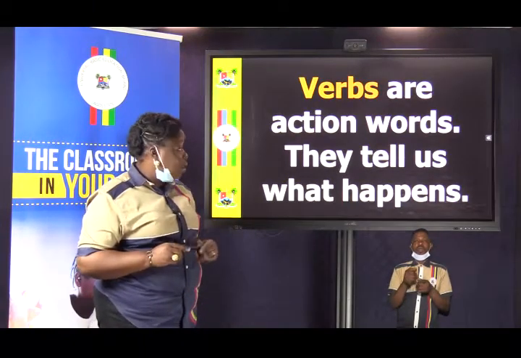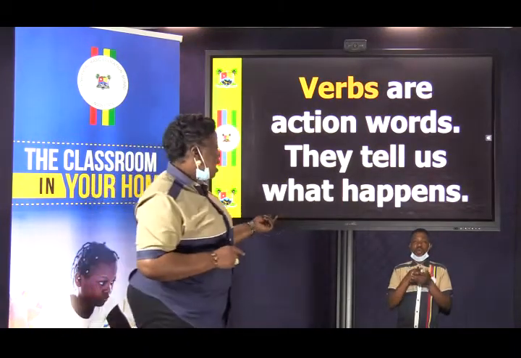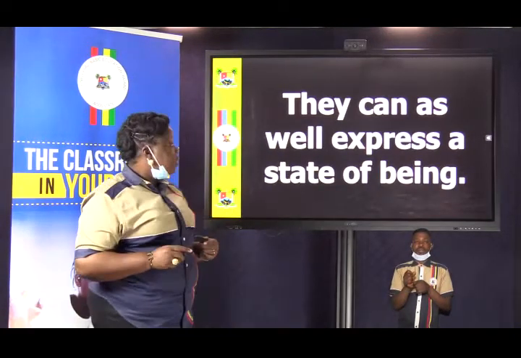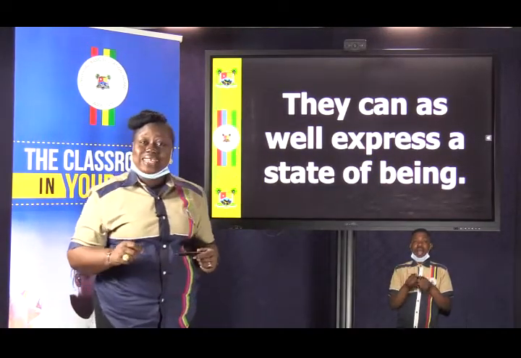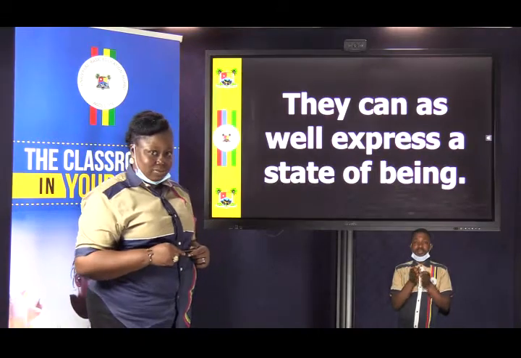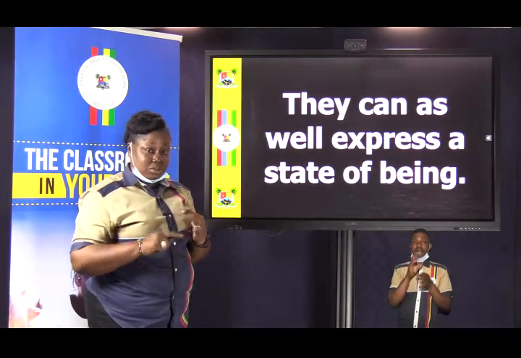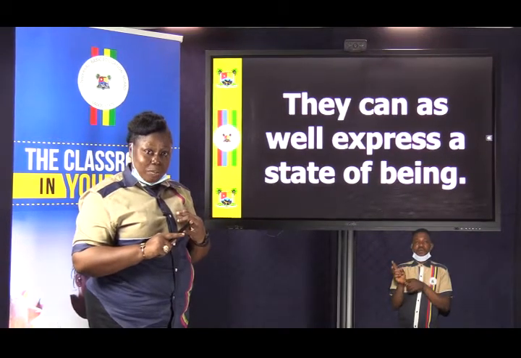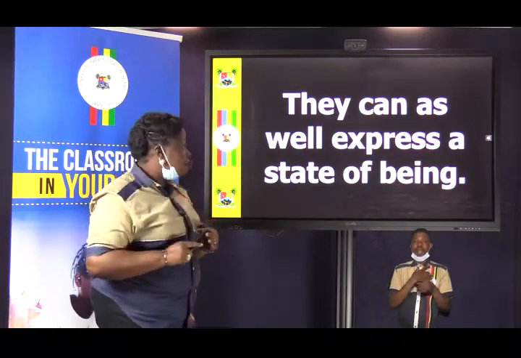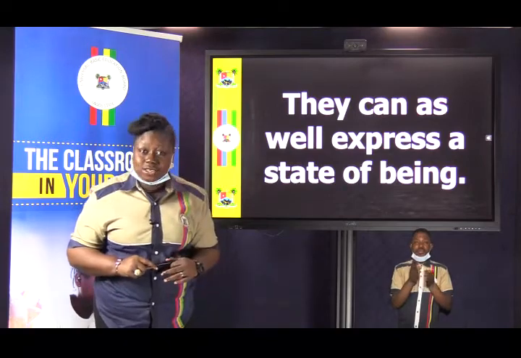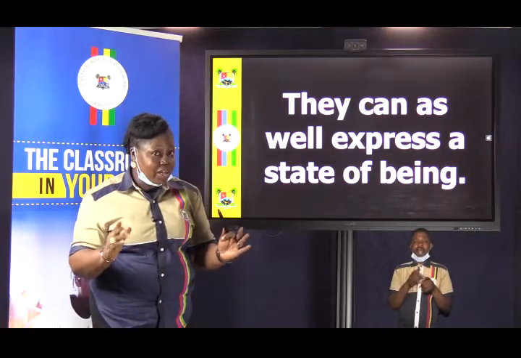Verbs tell us what happens. Verbs can as well express a state of being. Let me start all over again. Verbs are action words. Verbs tell us what happens, and verbs can as well express a state of being. Are we together? Good.